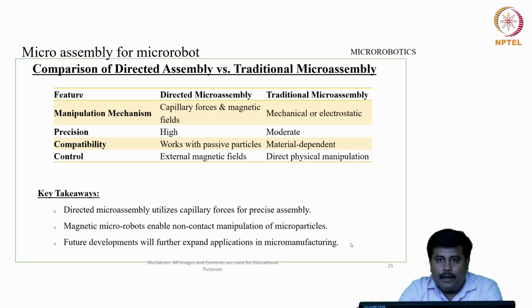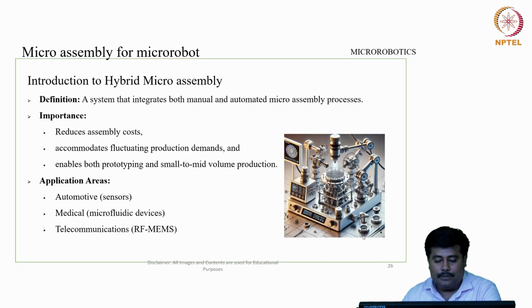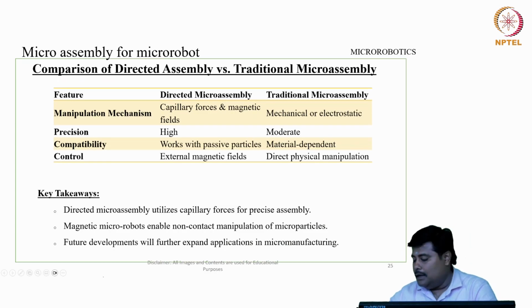In summary, direct microassembly utilizes capillary force for precise assembly, and magnetic micro robots enable non-contact manipulation of microparticles. Based on the application, there are different challenges with reference to micro manufacturing and other characteristics. Let us discuss the other aspects related to hybrid micro assembly in the next class.